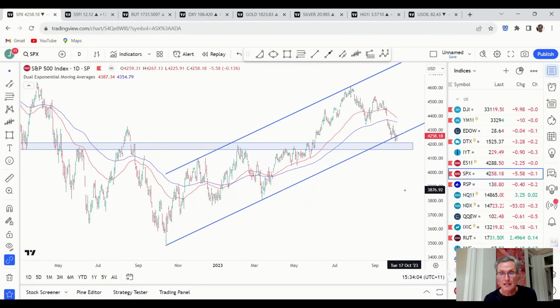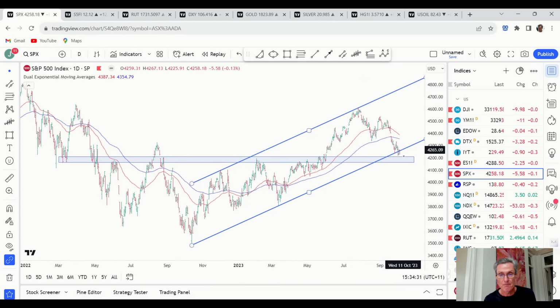I don't think that, the way things currently stand, this is setting up for a major or sharp decline, at least in the near term. I think there's certainly a vulnerability while the S&P 500 is below these moving averages, the 50 and 100-day moving averages. But we've got to keep in mind 4,200 is a big level.